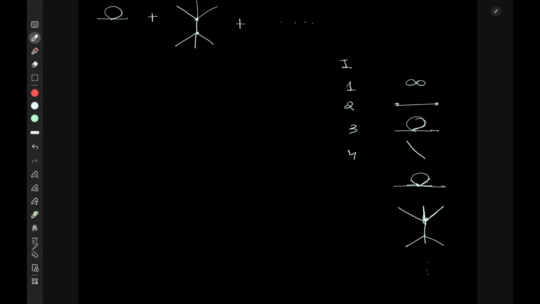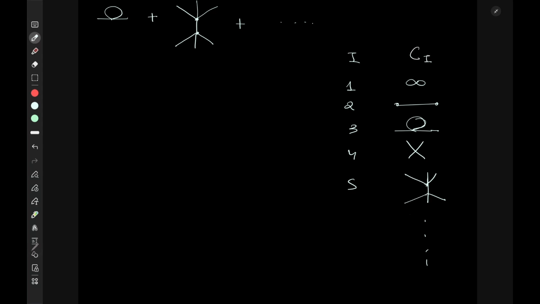For I being 4, I'm talking about this one. This is 5, this one, and so on. So for every I, we have a connected diagram of a different kind. A unique connected diagram is associated with a number I.